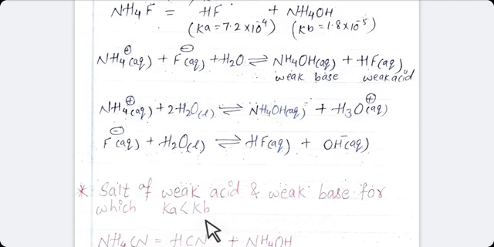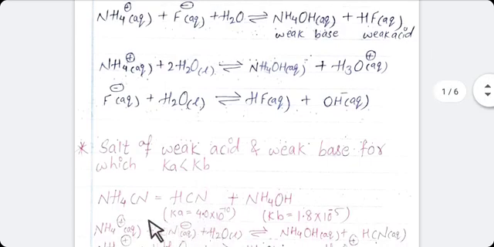Here we are using ammonium cyanide, NH4CN, a salt which is made by weak acid HCN, hydrogen cyanide, having Ka value 4.0 × 10⁻¹⁰, and NH4OH, ammonium hydroxide, weak base having Kb value 1.8 × 10⁻⁵, which is clearly showing that Ka is lower than Kb.